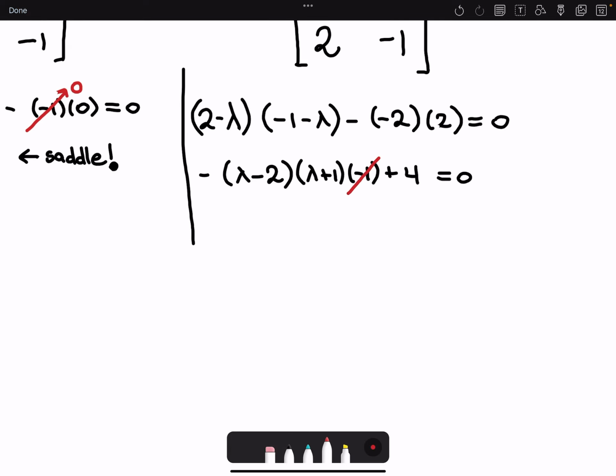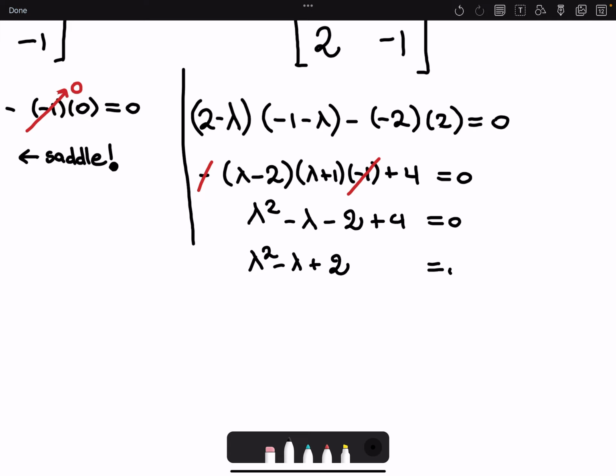This cancels with this, and we get lambda minus 2. Well, we have to multiply this out. So we get lambda squared, the sum of the two constants is negative 1 times lambda, minus 2, the product of the two constants, plus 4 equals 0. Now we're going to have lambda squared minus lambda plus 2 equals 0.